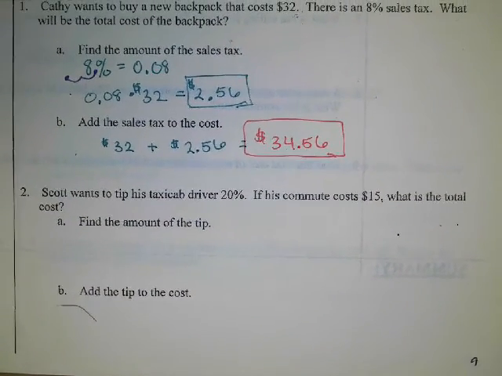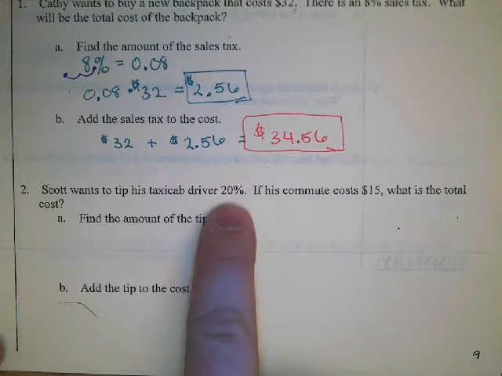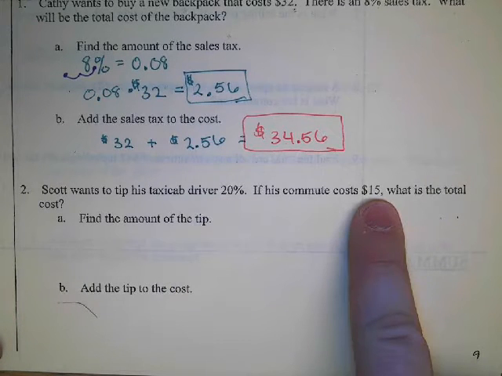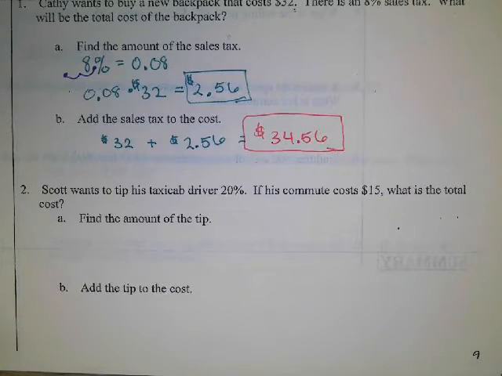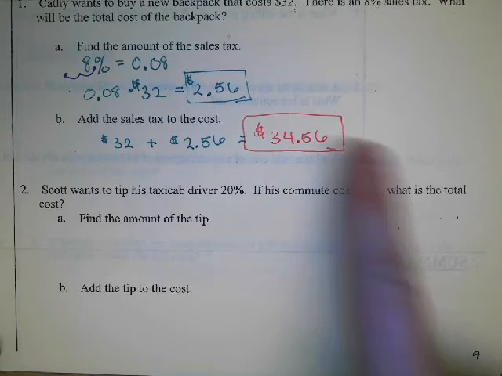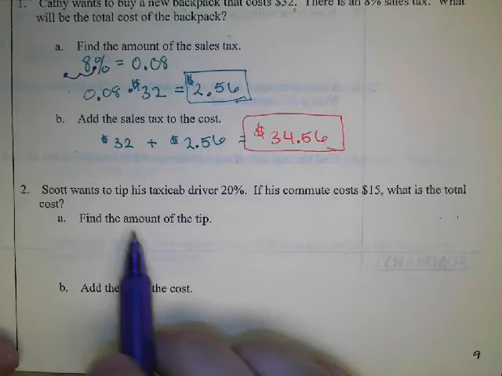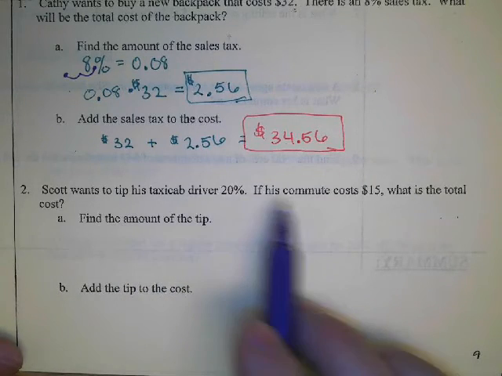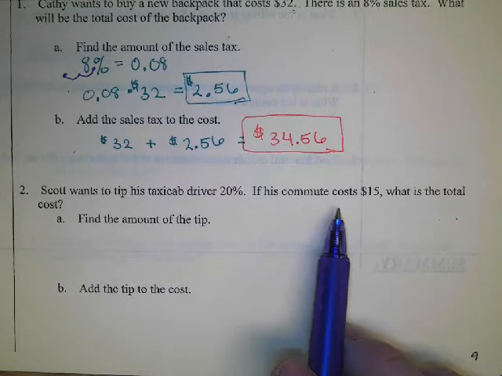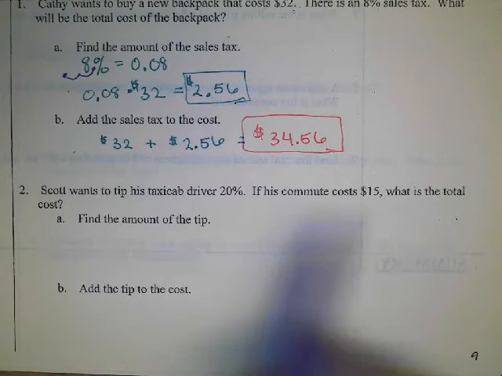So let's look at if we're doing a tip. It's the same practice. I'll multiply, turning my percent into a decimal, then multiply by my cost, and then to figure out my total, I'll add my cost to that amount after multiplying. So Scotty wants to tip his taxi cab driver 20%. If his commute costs $15, what is the total cost?